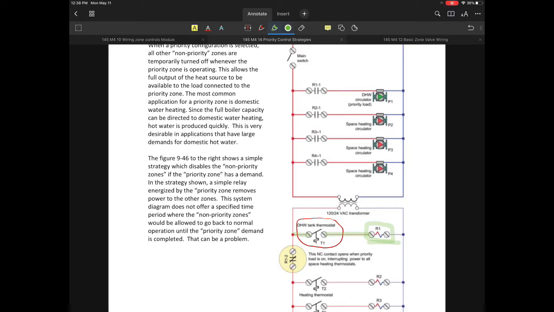Now this priority system is actually doing zoning with pumps. In this application, we have a thermostat and we energize the 24 volt relay. That 24 volt relay R1 will take the normally open set of contacts up at the top and close that set of contacts, delivering 120 volts directly to the circulator pump.